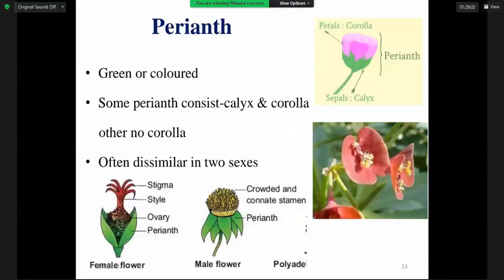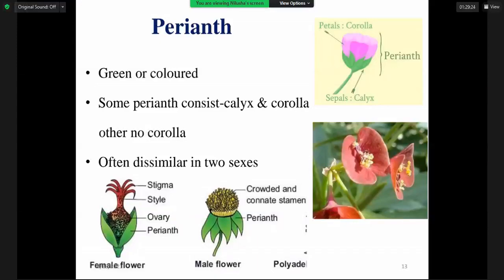What is the perianth? Perianth means the calyx and the corolla together are called the perianth. In the first picture you can see that. It is green or colored.